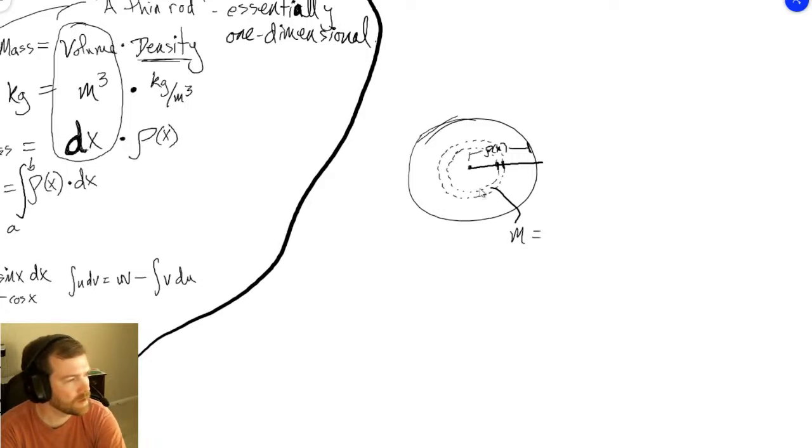Okay, so we can also use this to find the average radius of this particular washer. So basically we're calculating the radius at this particular point, x star or x sub i star, or whatever you want to call it.